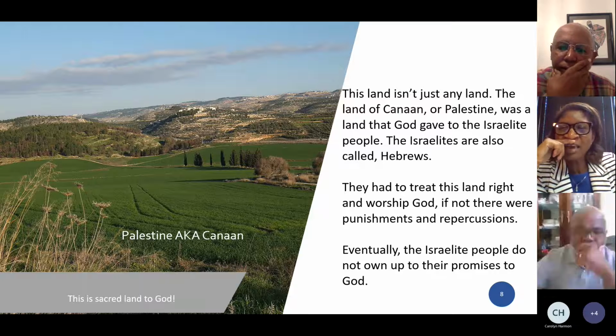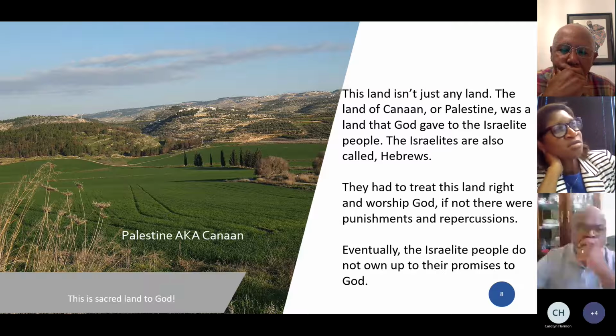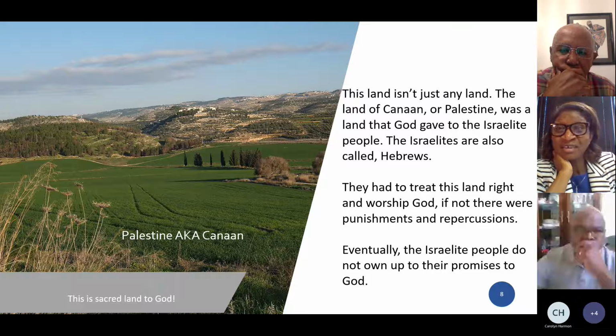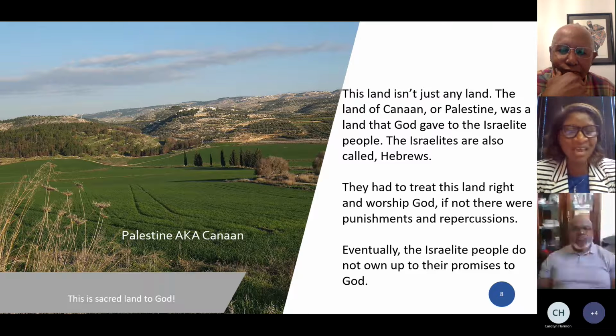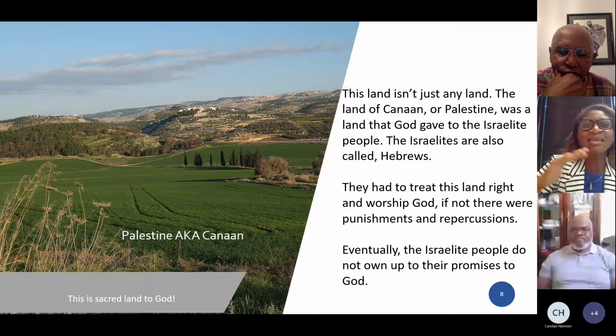Palestine, also known as Canaan. It's interesting, we moved to a new development a couple of years ago, and the first part of the name is Canaan. So I said, we're in the promised land. Canaan was considered a sacred land that the Creator God gave to the Israelite people. This land is not just any land in the Old Testament.